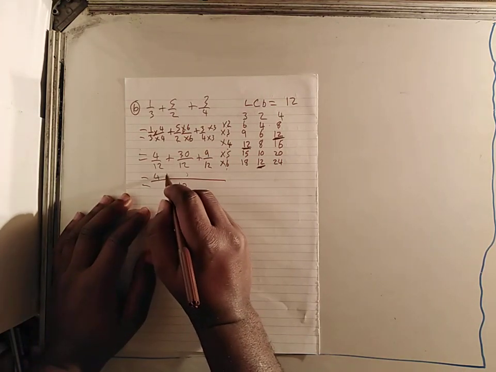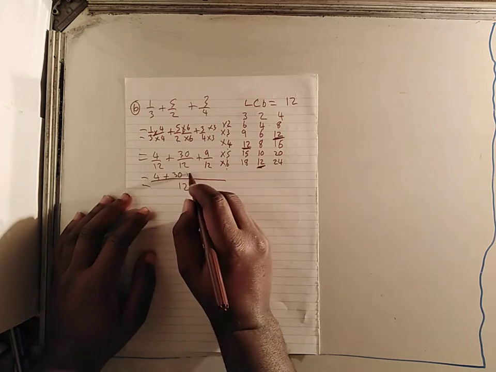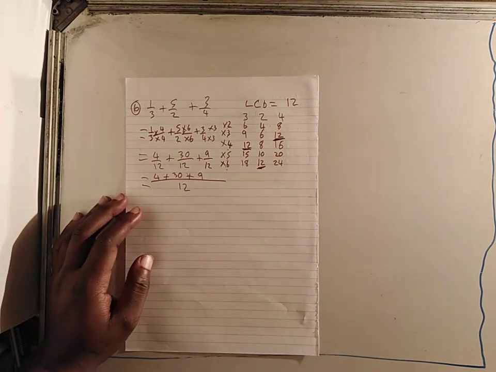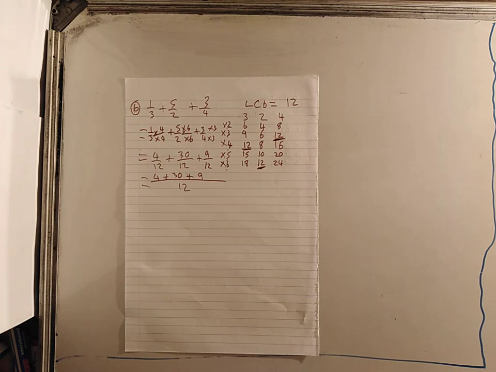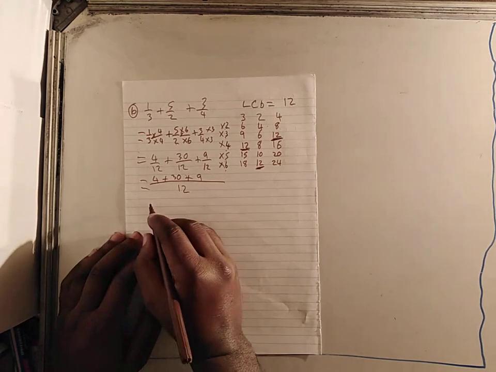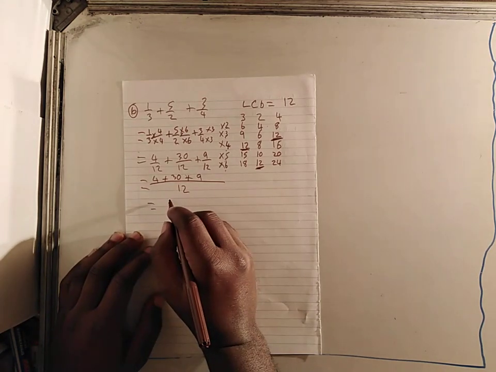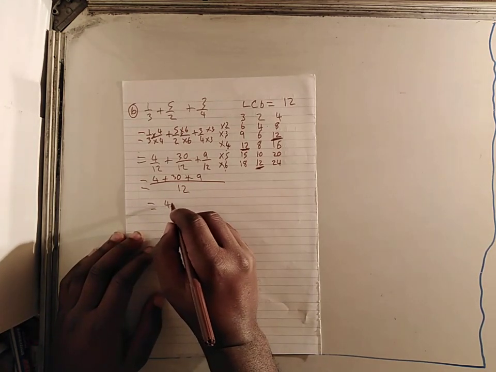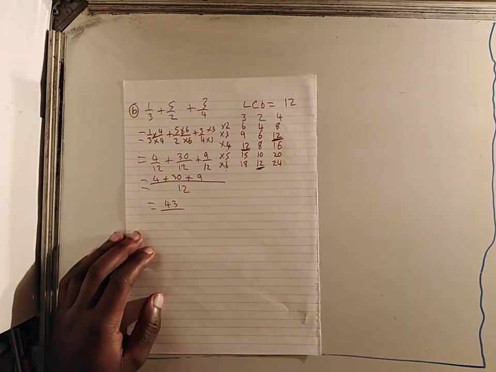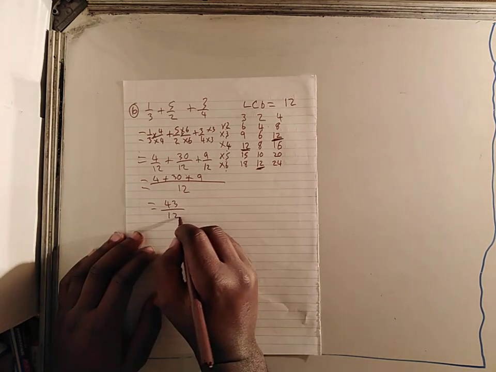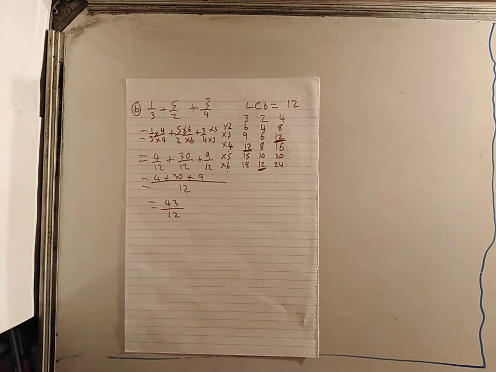So it's going to be 4 plus 30 plus 9. 4 plus 30 is going to give me 34. And then 34 plus 9 is going to give me 43. So it's going to be 43 over 12. Okay, and then that's it.